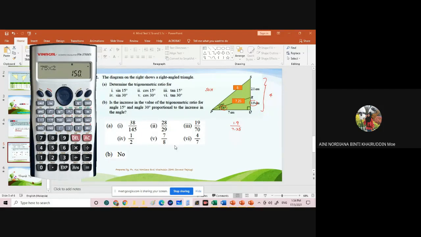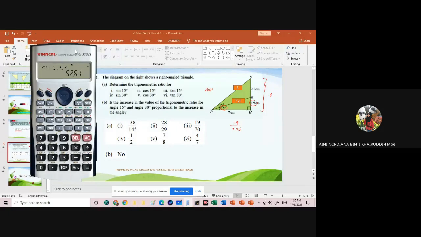So this is actually not here. Okay, 7.25, this one I just round off. Let's say we calculate 7 square plus 1.9 square.